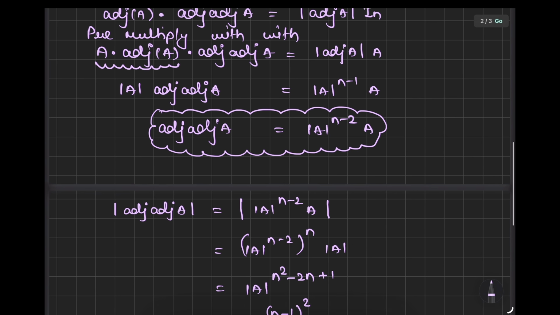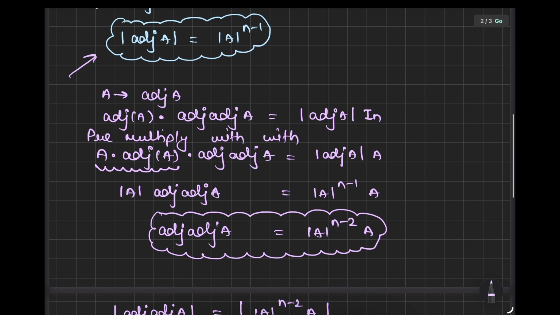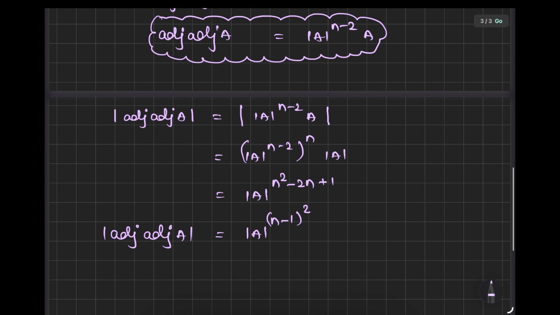And look at this, first time we found the adjoint once. Adjoint was written once, so it is determinant of A power n minus 1, and here also determinant of A power n minus 1, but the power is 2. So if there are two things, power is 2. If there is one thing, the power is 1.